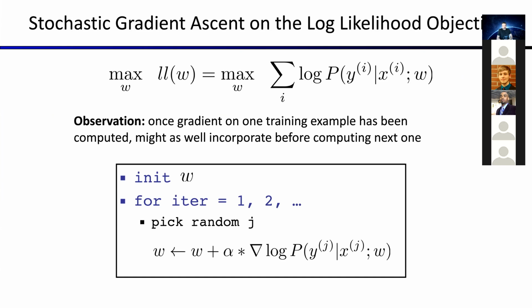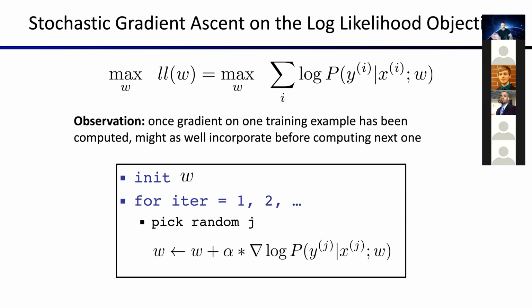Instead of calculating the gradient with respect to all examples that you have, you may want to pick a few examples and then calculate the gradient with respect to these few examples in your training set.